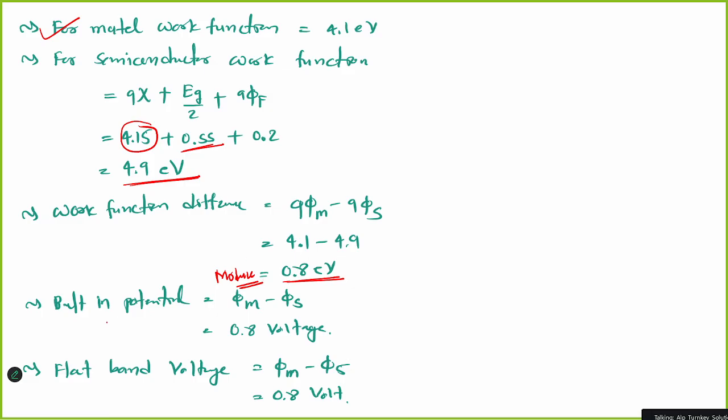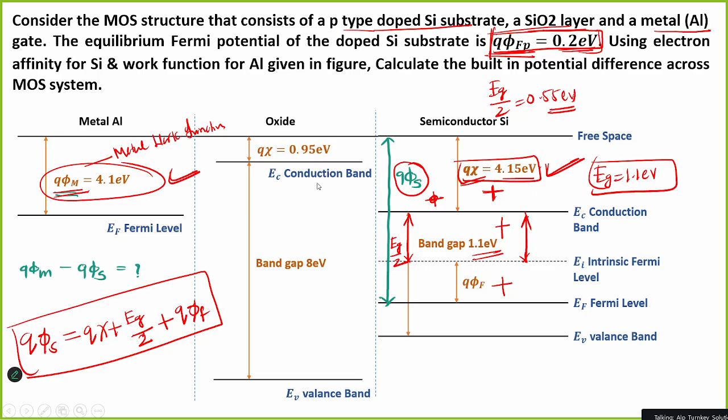And built-in potential is nothing but phi m minus phi s, which equals 0.8. Flat band voltage is also equal to phi m minus phi s, that is 0.8 volts. He is asking the built-in potential, this is 0.8 electron volt, and the flat band voltage is 0.8 volts. So this is the simple problem related to this.